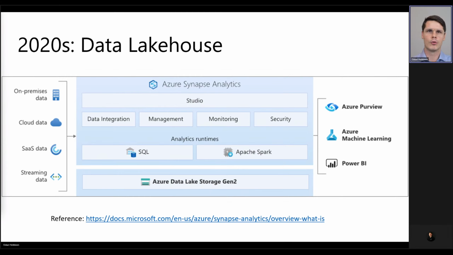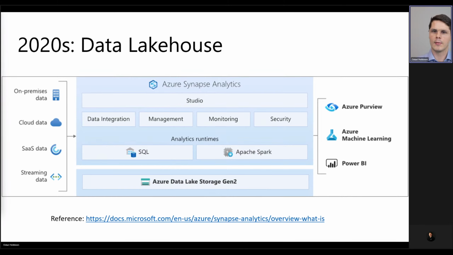How do you solve those requirements? And this is the approach that Microsoft has taken with Synapse, to have everything built in under the same umbrella and make sure that everything ties in well together.